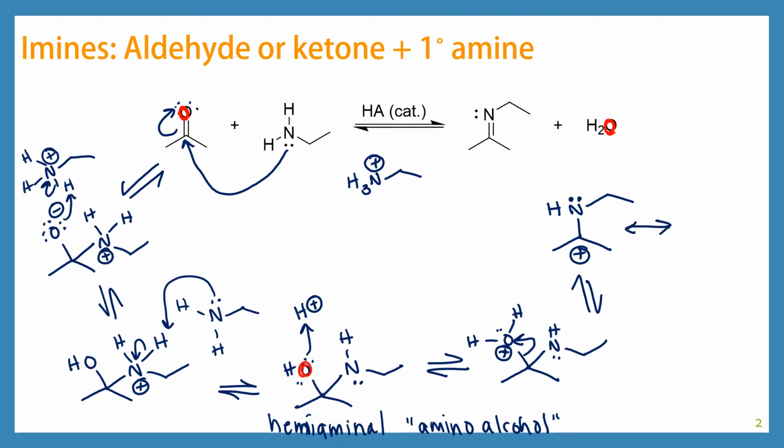We can create the double bond that we see in the imine by moving this lone pair down. And this gives us an iminium ion. We're so close, we're almost there.